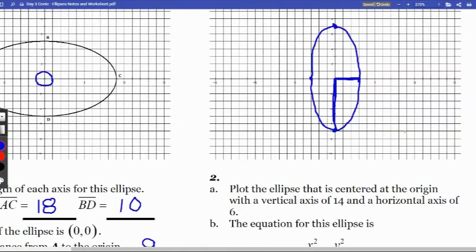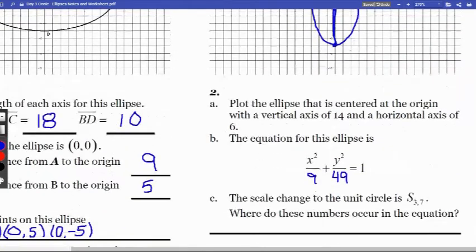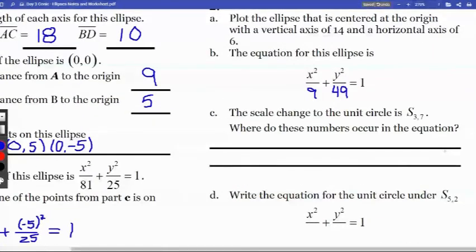The scale change, and this may be a new notation for you, which is why I'm explaining it right now. This notation, S with a subscript of 3, 7, is saying that we've got a size change, S standing for size change, with a horizontal scale factor of 3 and a vertical scale factor of 7. And we've already seen this, but I'll put it down here to answer this question.